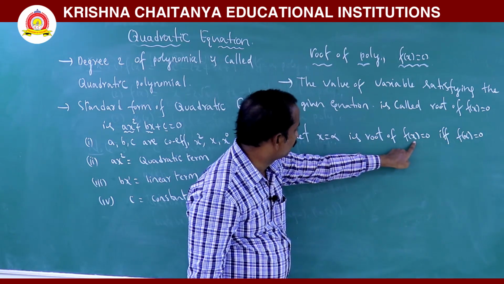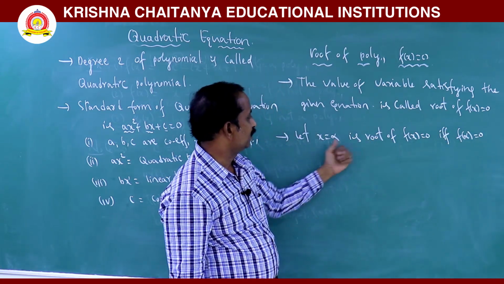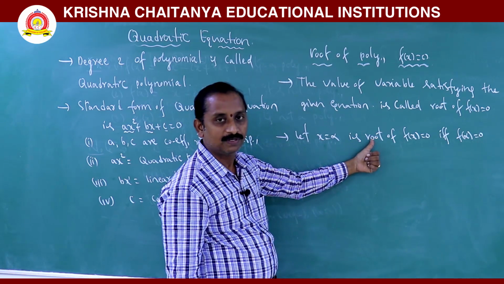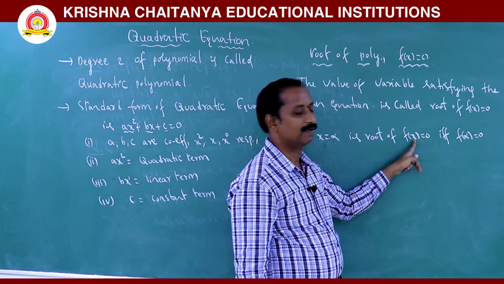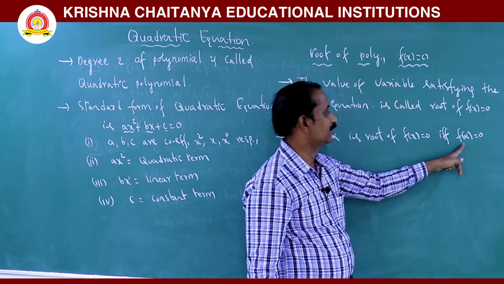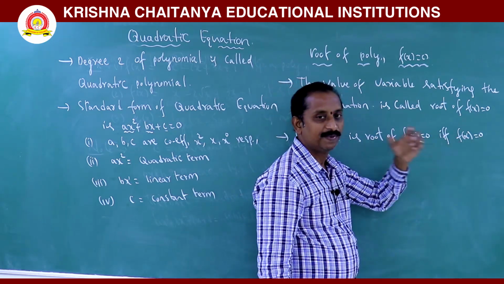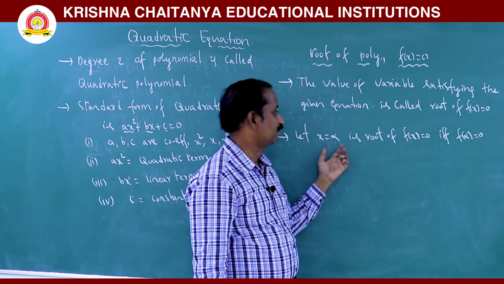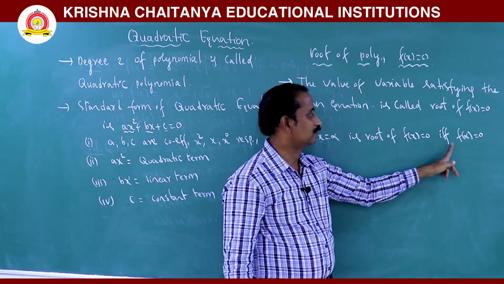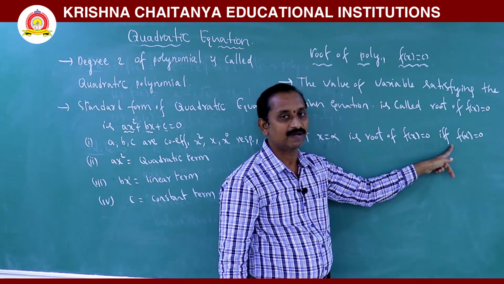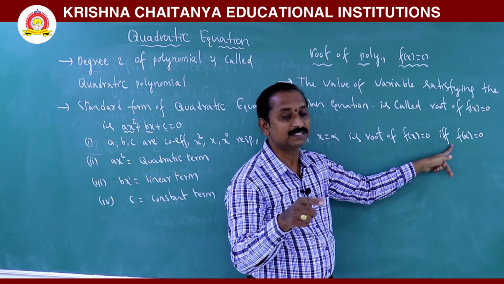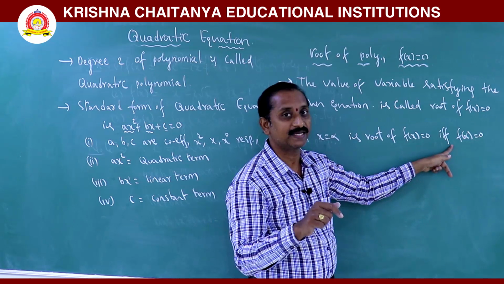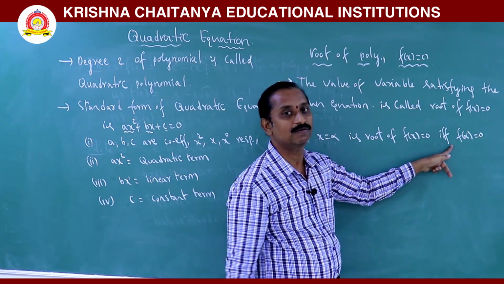For the polynomial, when we say x is equal to alpha is a root, it means alpha satisfies the equation, that is, f of alpha is equal to 0. So keep in your mind, wherever f of alpha is equal to 0, x is equal to alpha is a root.